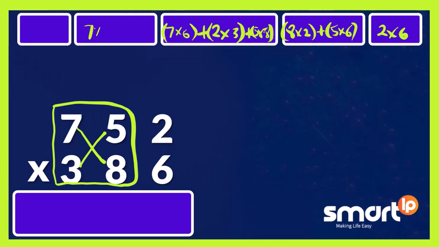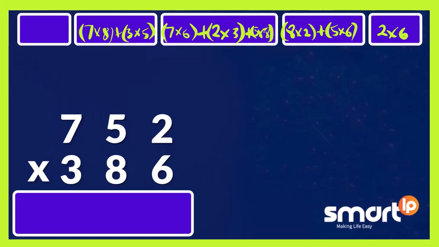So 7 times 8 plus, put that in bracket, 3 times 5. For the last box, the first digits in both numbers will multiply each other. So 7 times 3.